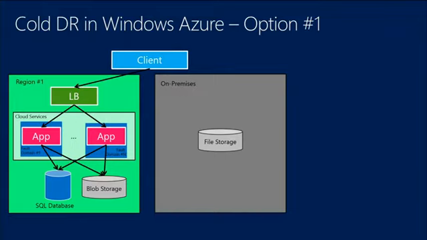Okay, fault domains are basically a way that Windows Azure has to make sure that, imagine you have two instances. Am I going to put the two instances in the same server or in the same rack? Would that make sense?